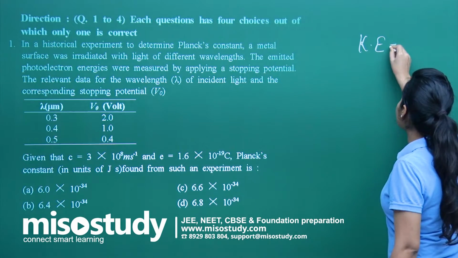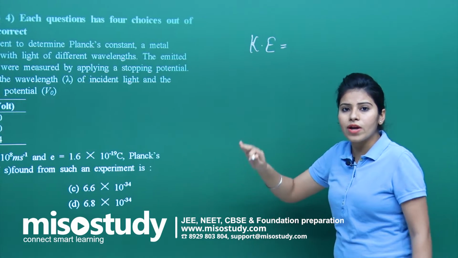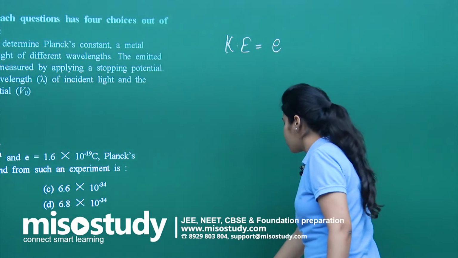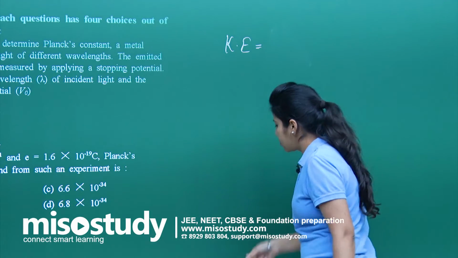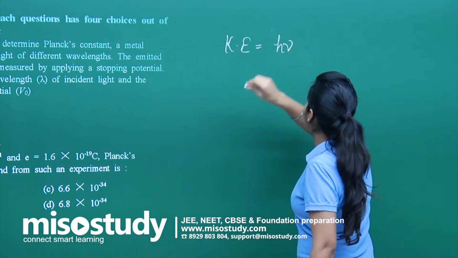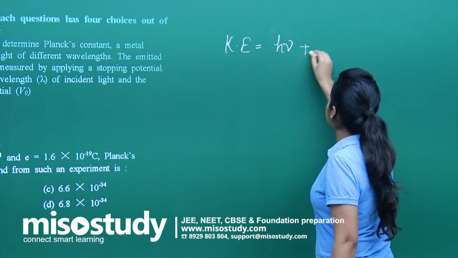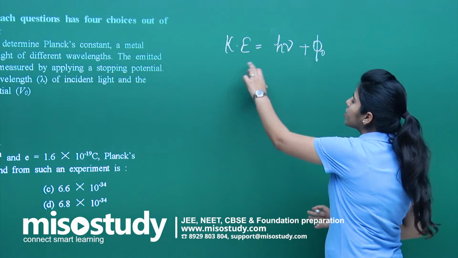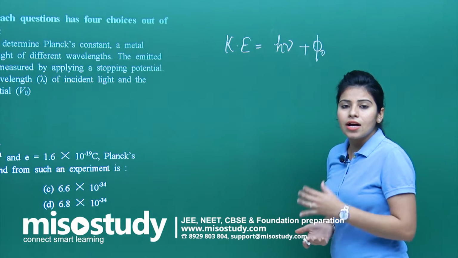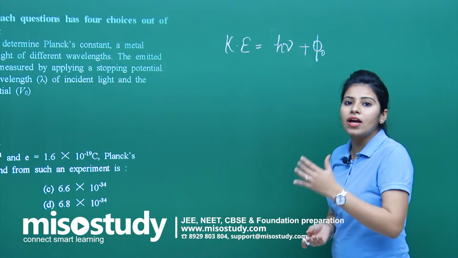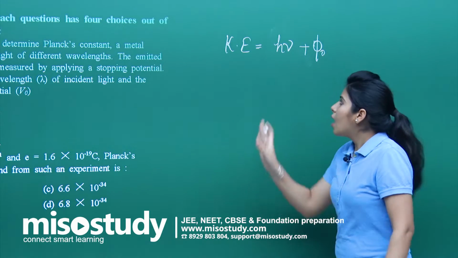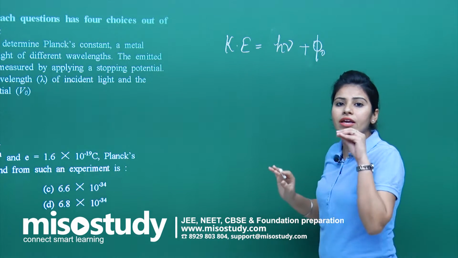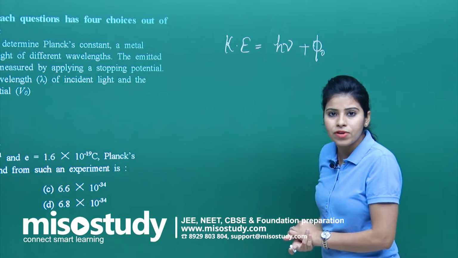The kinetic energy of the emitted photoelectrons equals h nu plus the work function. Here the kinetic energy is the energy with which the electrons are emitted, and h nu is the energy of the photons irradiating the metal surface.